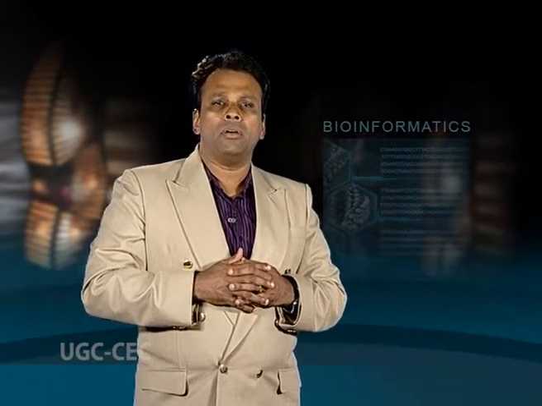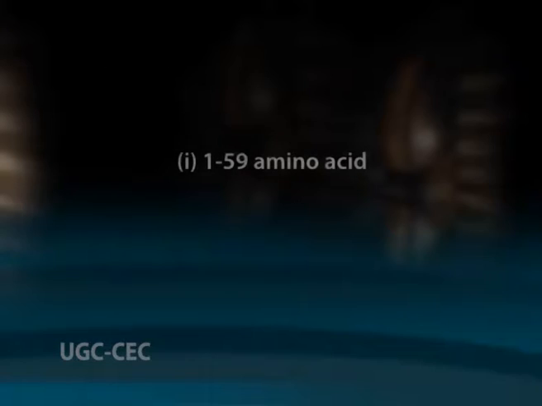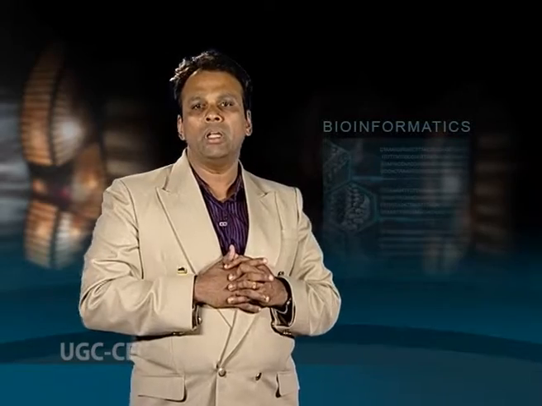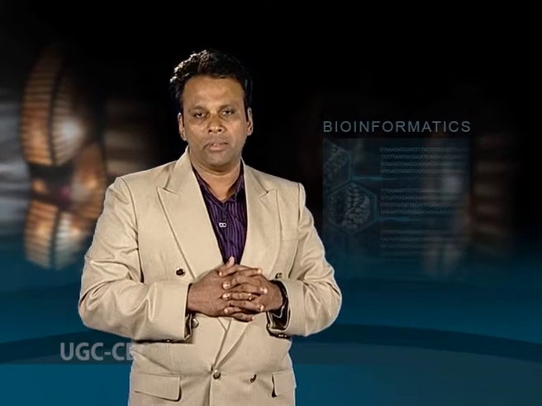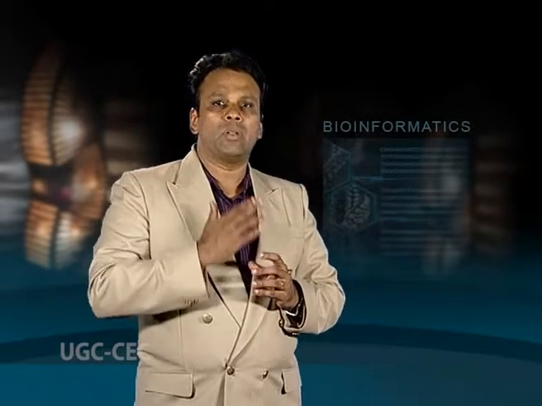Repressor is a polypeptide of 360 amino acids and is divided into two regions. One, 1 to 59 amino acid residues on the amino terminal and makes a long headpiece which can be cleaved at position 51, and the fragment 1 to 51 is called short headpiece. 2, 60 to 360 amino acid residues on the C terminal end make trypsin resistant core, that is trypsin cleaves the repressor at amino acid number 59.